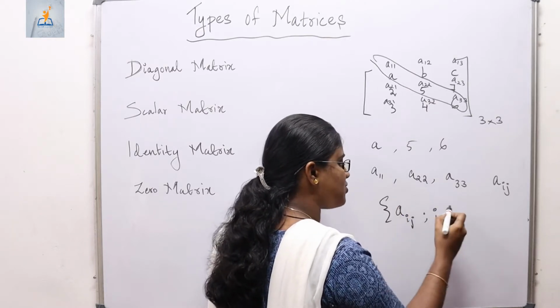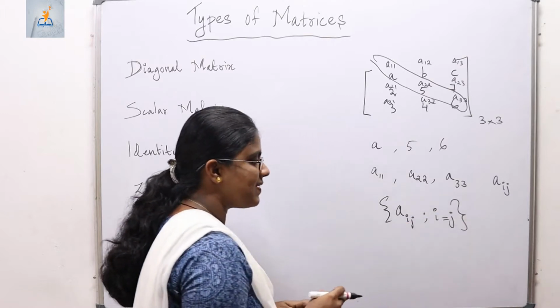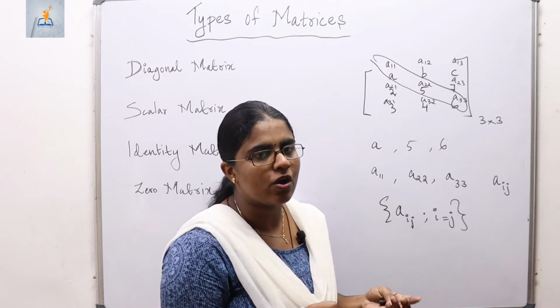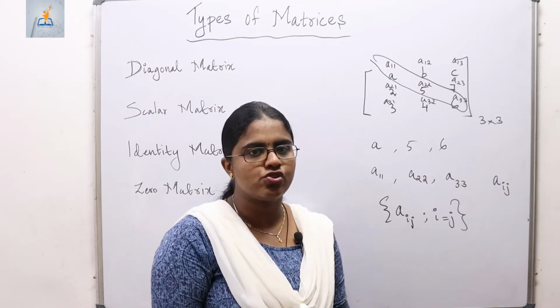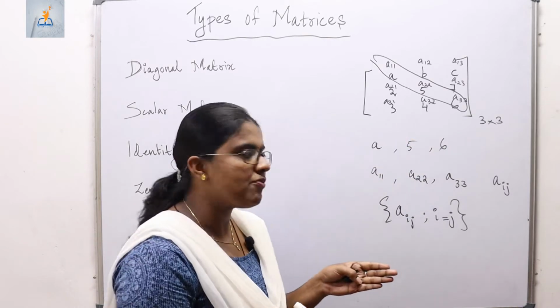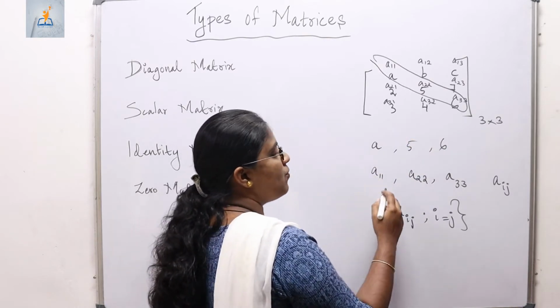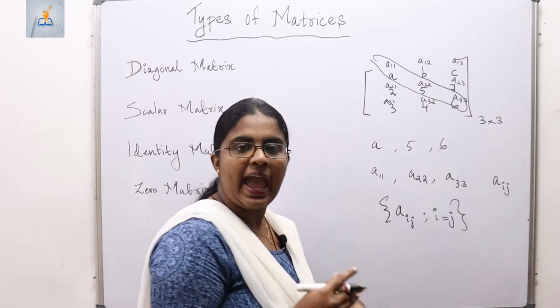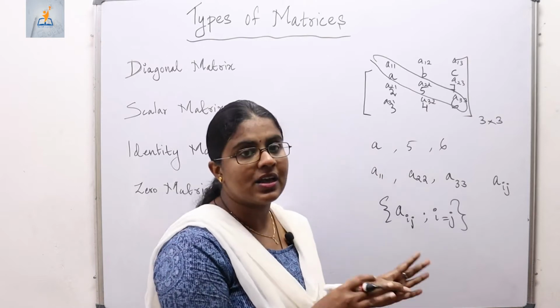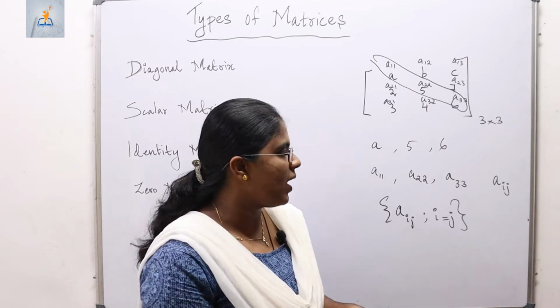So the diagonal elements will always be a11, a22, a33 for a 3 by 3 matrix. For a 4 by 4 matrix, it will be a11, a22, a33 and a44. So hope you understood what are the diagonal elements of a square matrix.